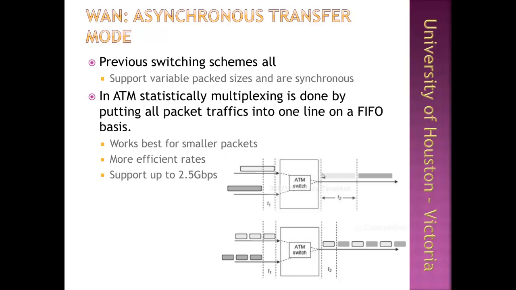So look at the picture above. When you're multiplexing in ATM switches, in the top picture, the multiplexer is trying to get the data from the source, the light gray source coming on top.